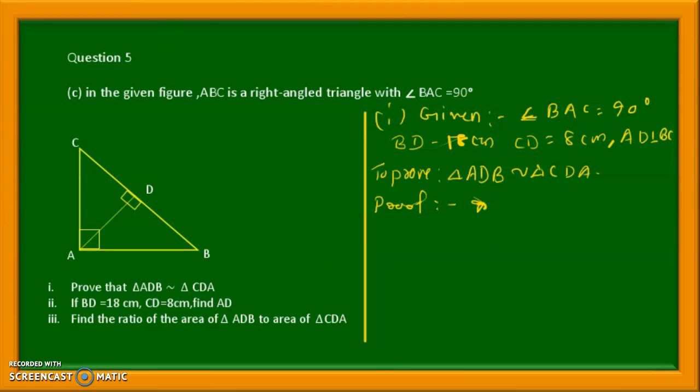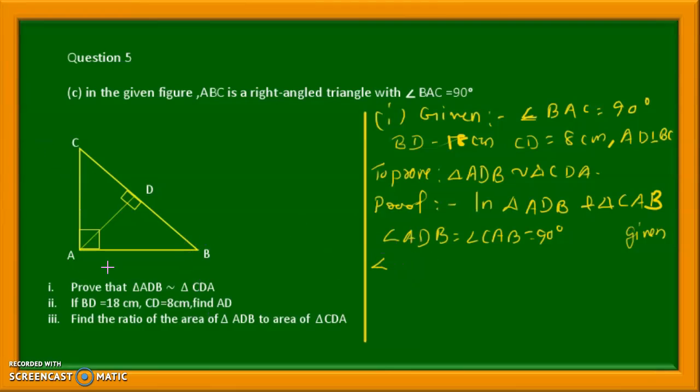In triangle ADB and triangle CAB, which two angles? We can say angle ADB equal to angle CAB equal to 90 degree. Both these are given. Reason should be written. And also one common angle you can see, B is common for the bigger triangle and this ADB here. So we can write angle ABD equal to angle CBA. It is common angle here.